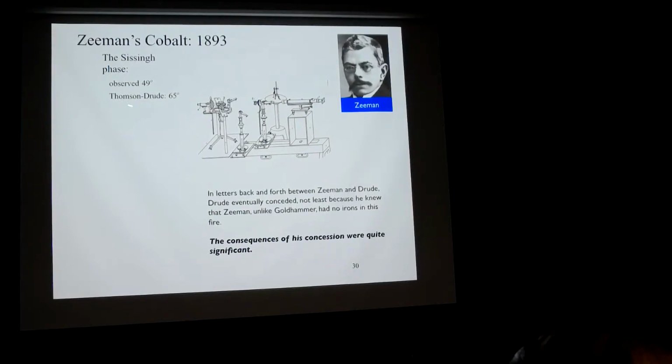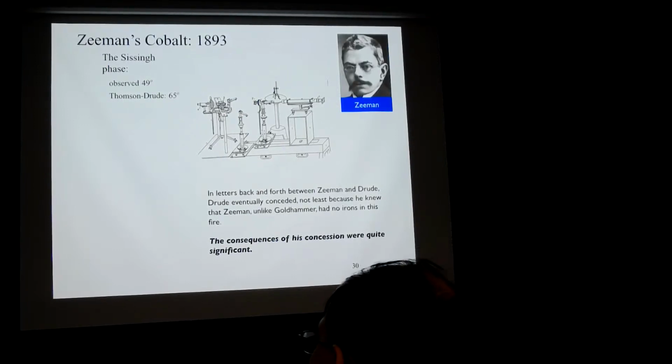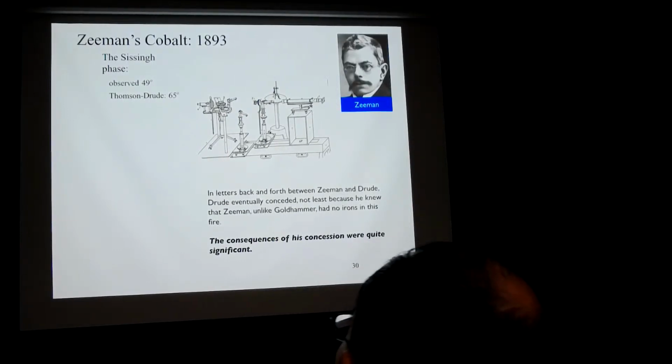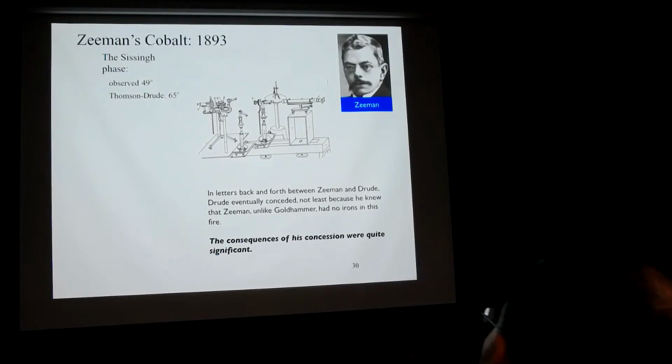The Thomson-Drude structure should give 65 degrees for these phase measurements. In fact, Zeeman measures 49 degrees. That's huge. There could be no dispute that there is something fundamentally wrong here. You've got to put that extra phase constant in there, but what can it mean?